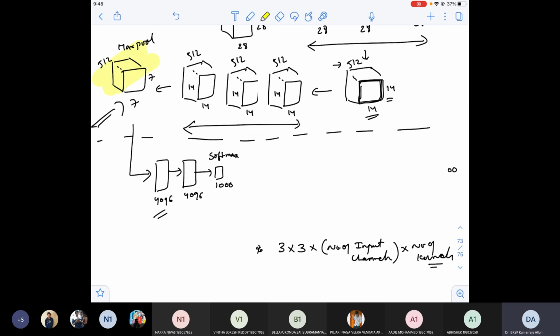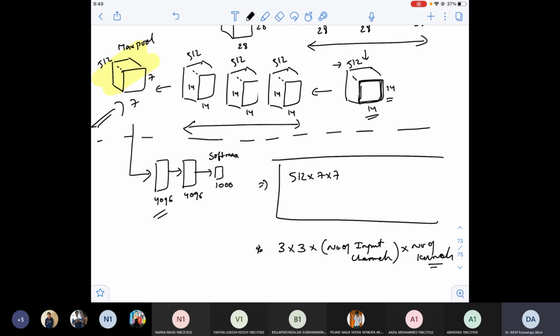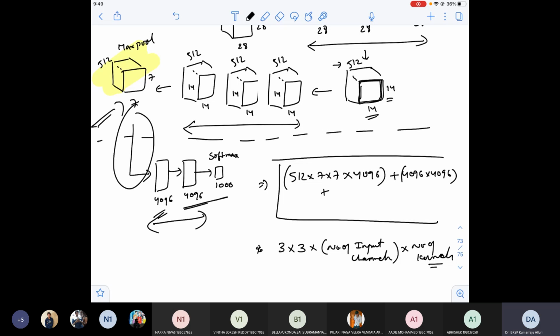So the number of parameters would be 512 cross 7 cross 7 into 4096 between these two, then between these two plus 4096 into 4096, plus 4096 into 1000.